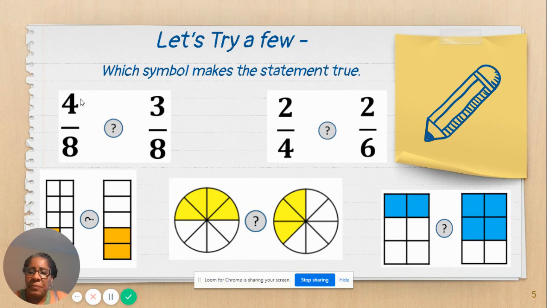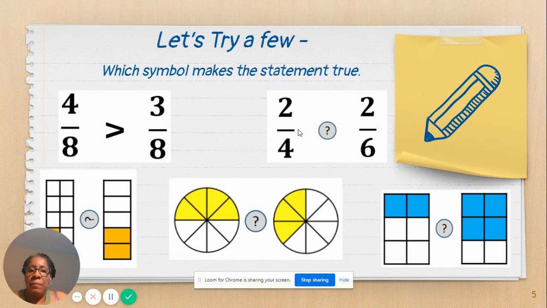So let's look. We have 4/8 and we have 3/8. In this case, both the denominators are the same, which means we look at the numerators. 4 is greater than 3. So because of that, 4/8 is indeed greater than 3/8. And again, you can draw your fraction bar to compare to help you, okay?